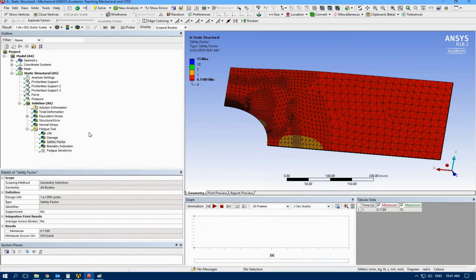Okay, so the important thing we learned, it is really important to consider fatigue for the case you have cycling loading.